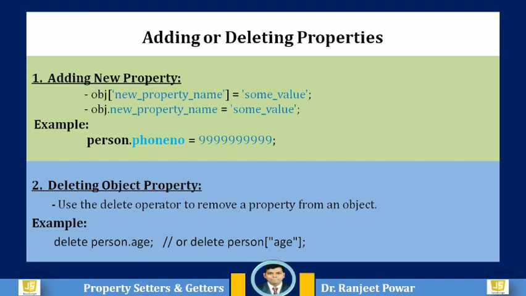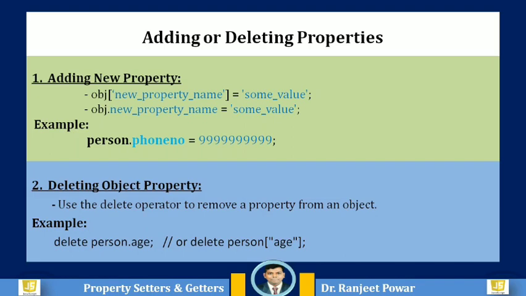The delete operator is designed to be used on object properties. It has no effect on variables or functions. The delete operator should not be used on predefined JavaScript object properties. It can crash your application when we delete a predefined JavaScript object property.